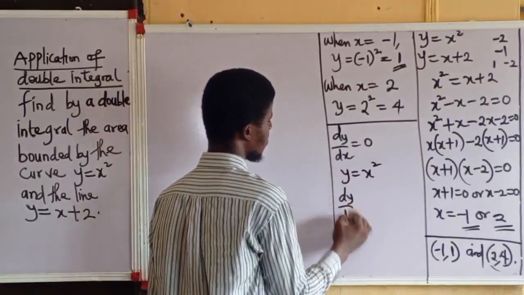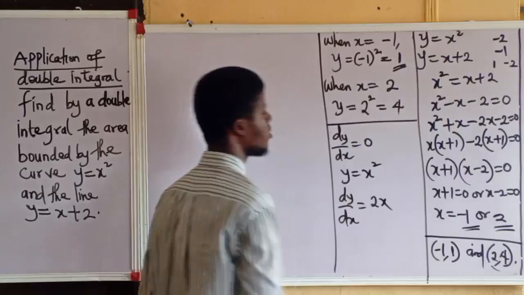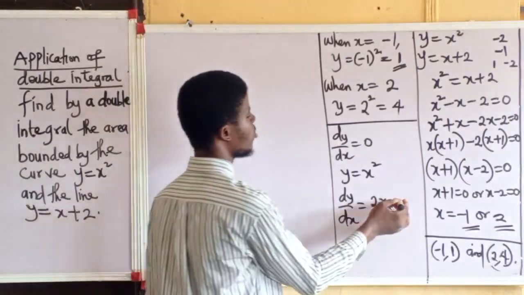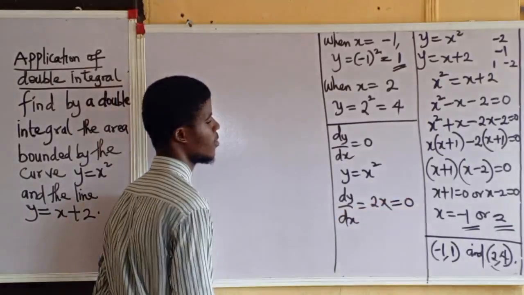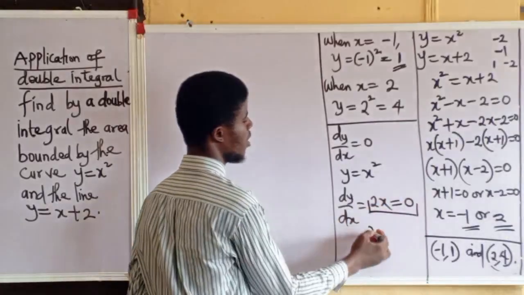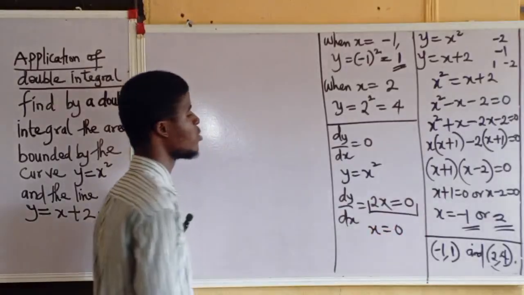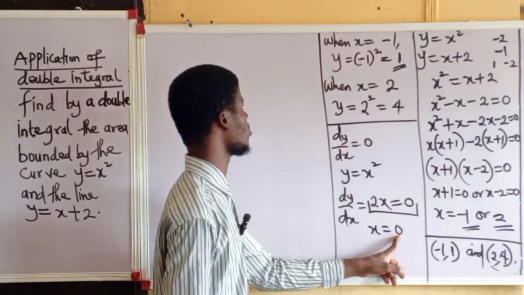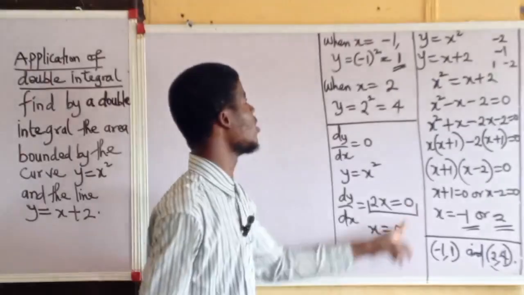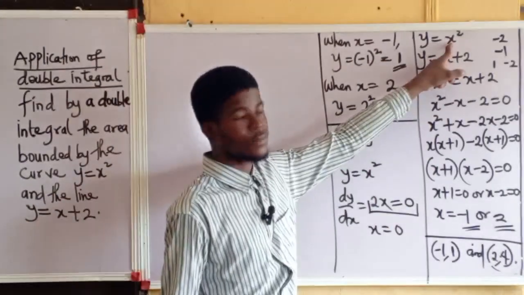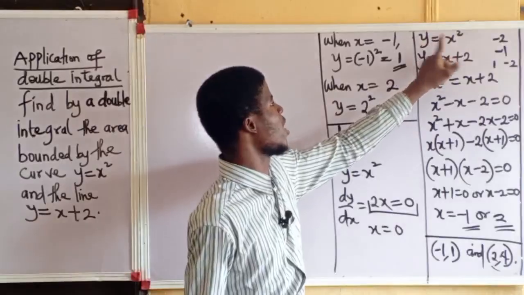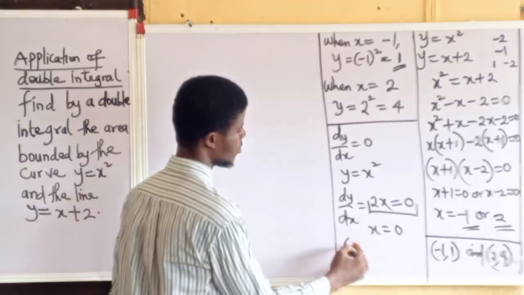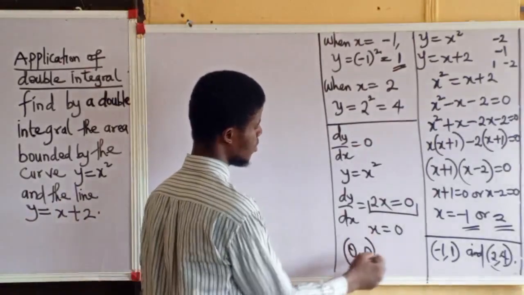What is dy/dx? That will be 2x, differentiating x squared with respect to x. If I set 2x equal to 0 and solve, I'm having x equal to 0. When x is 0, y will also be 0 on the curve, since y equal to 0 squared is still 0. So the turning point on the curve is 0, 0.